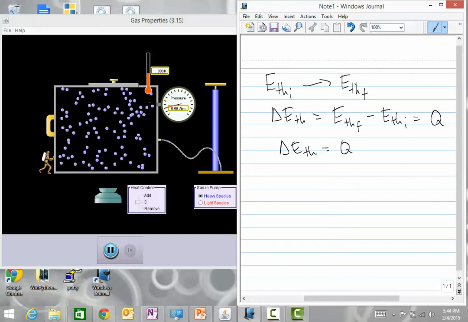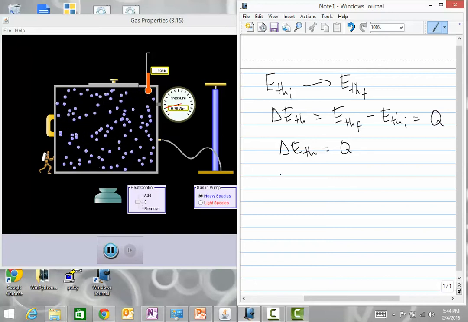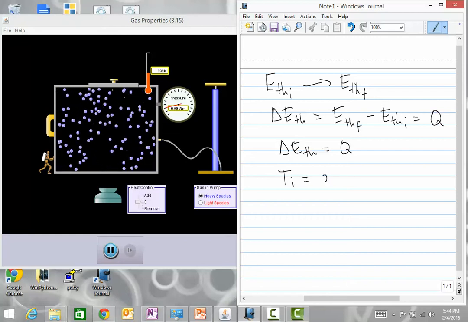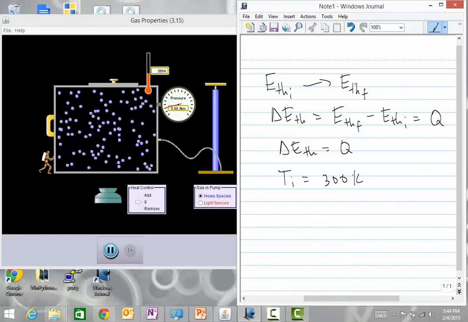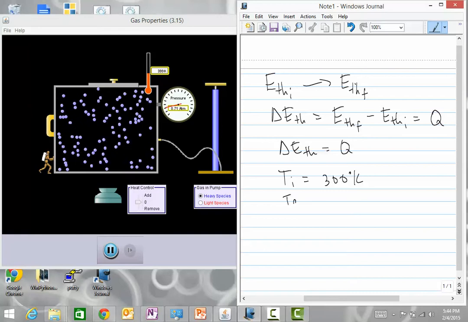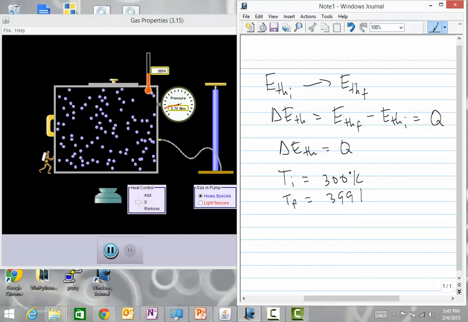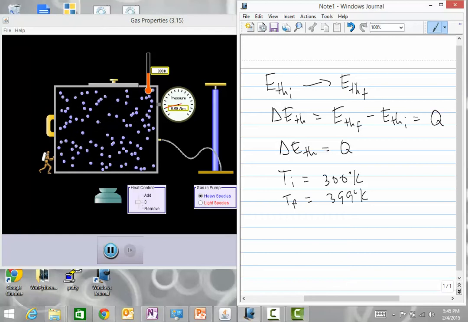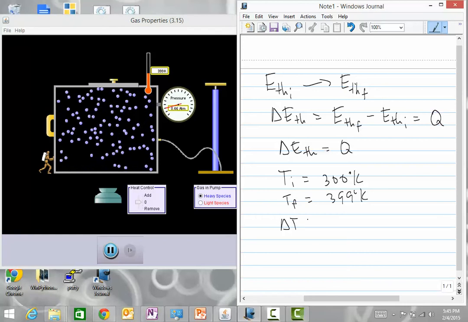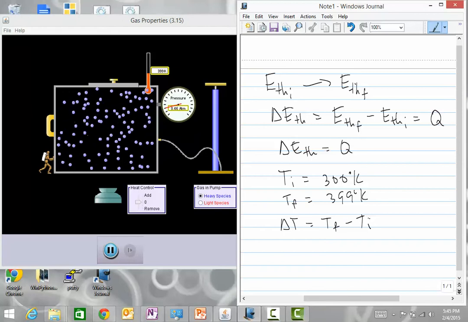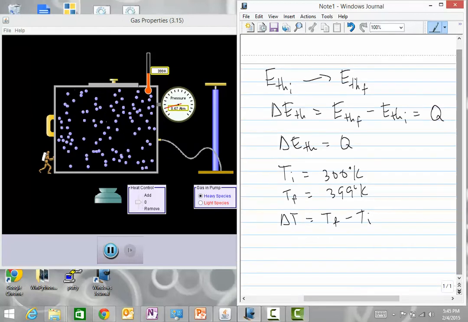Now the temperature changed. The temperature went from T initial equals 300 Kelvin, right? It went to a final temperature that is 399 Kelvin, right? So there is a delta T, which is equal to T final minus T initial. So I'm going to define a ratio here.